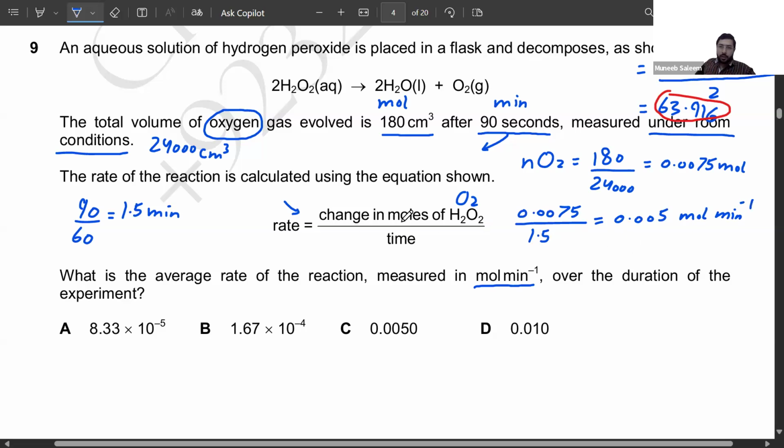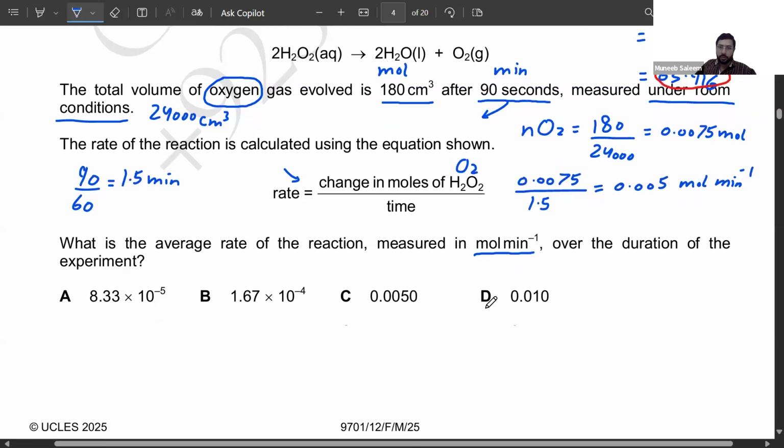Okay, so we have calculated the rate, but in terms of O2. Now we are supposed to find the rate in terms of H2O2. So that's what we were supposed to do using the formula. So for H2O2, the ratio of H2O2 to O2 is 2 moles according to stoichiometry, and O2 is 1 mole. And we're supposed to find the value of X when the moles of O2 were 0.005.